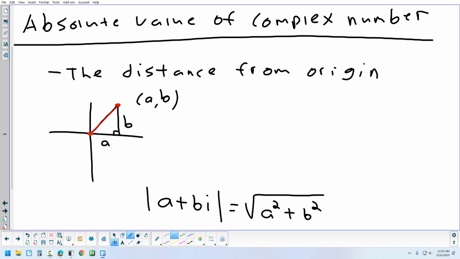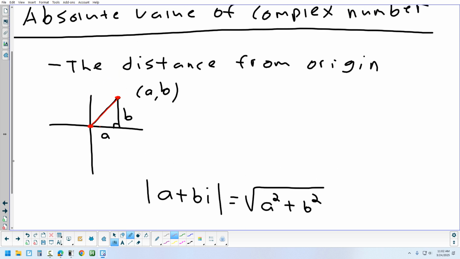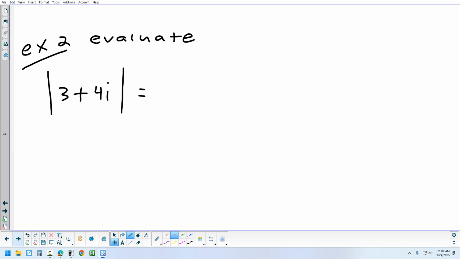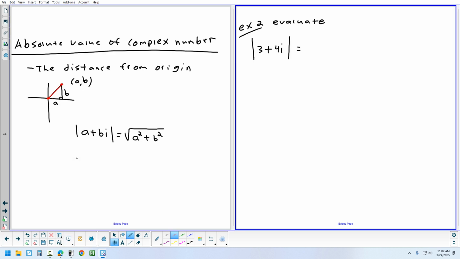All right, so let's try an example of that. It says find the absolute value of 3 plus 4i. First, can someone just tell me what's going to be my calculation I put off to the side? Square root of 3 squared plus 4 squared.